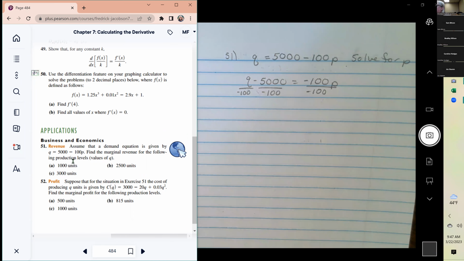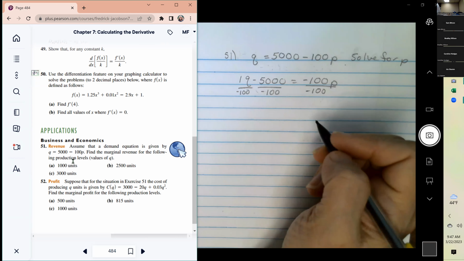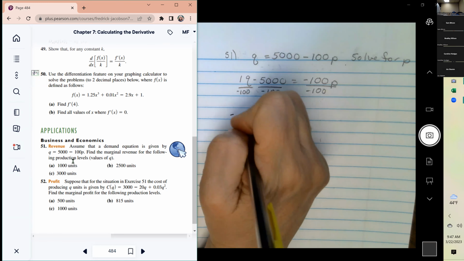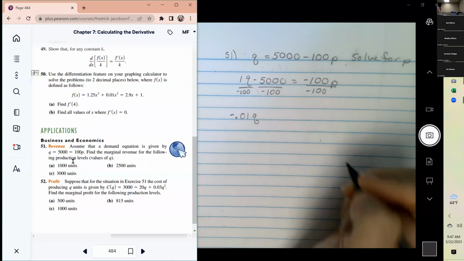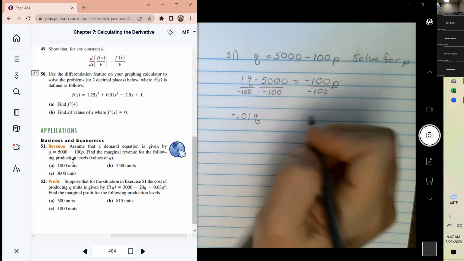You can leave it as negative Q over 100, or you could, because remember when there's no number, it's a 1. 1 divided by 100. It makes the derivative a little easier, but that's up to you.